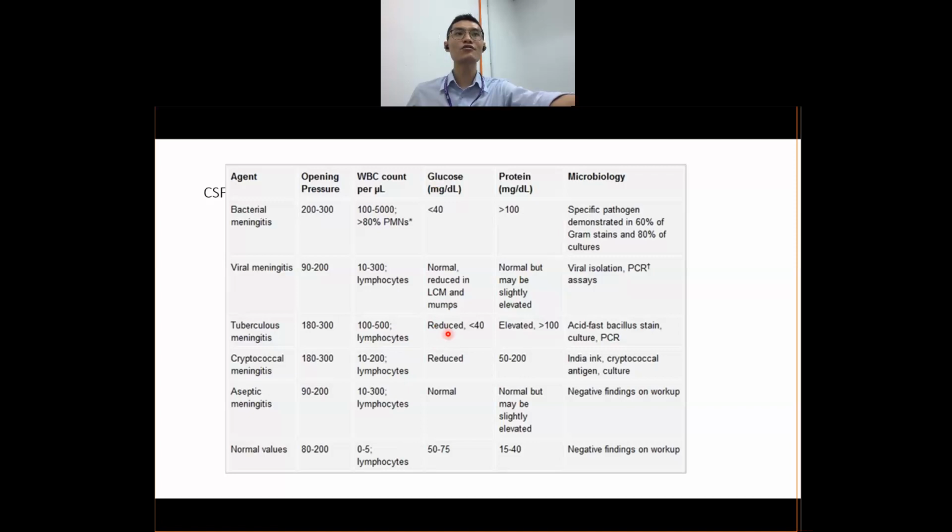Like what I said, the CSF sometimes will help to guide you, to tell you what is the most likely organism. You probably don't need to memorize the whole table, but you need to know the distinguishing features of each and every pathogen, for example.